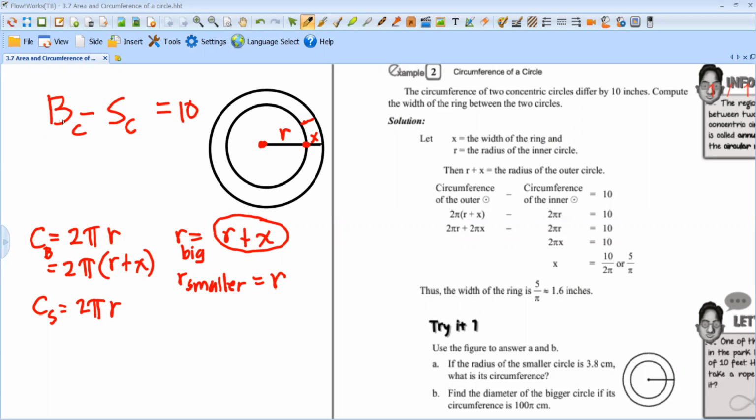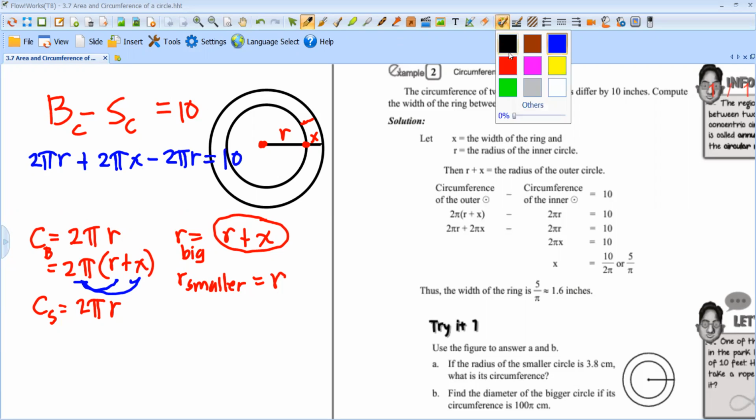So what is the circumference of the bigger circle? It is 2 pi r, let us distribute, plus 2 pi x. Again, we multiply these to r and also x, minus the circumference of the smaller, 2 pi r, is equal to 10.